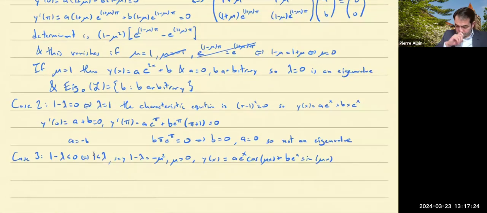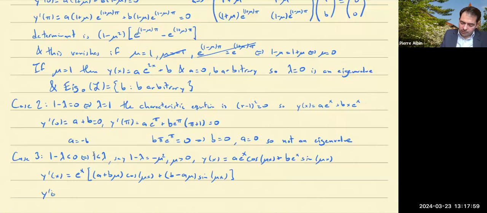Okay, so let's impose our boundary conditions. I'm going to start by just computing what is y prime of x, just to have this around. You're going to have an e to the x as a common factor. So you're going to have an a plus b mu times cosine of mu x, and then you're going to have b minus a mu sine of mu x.